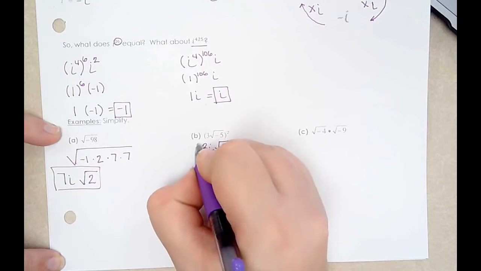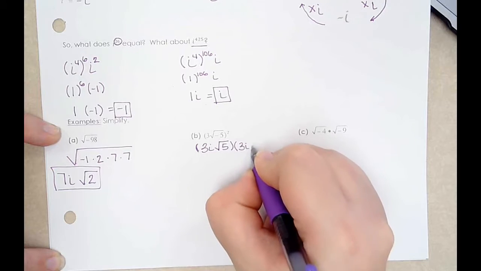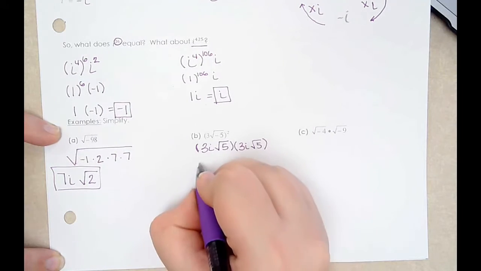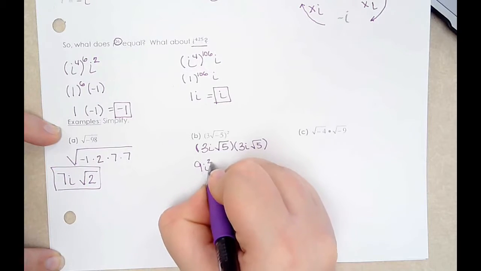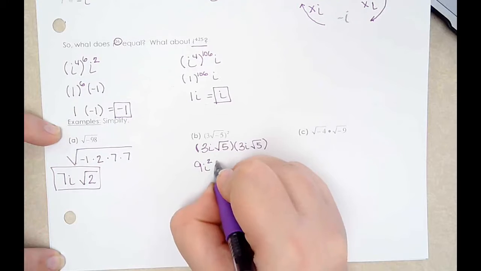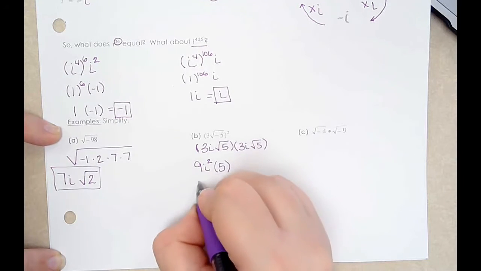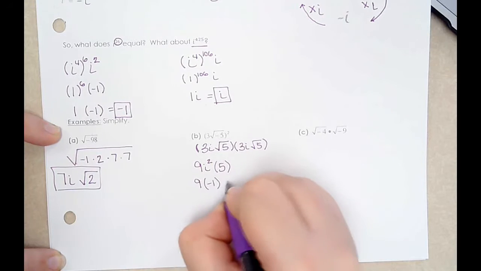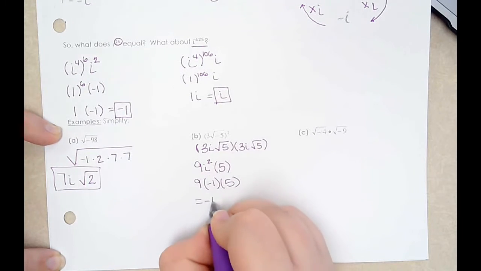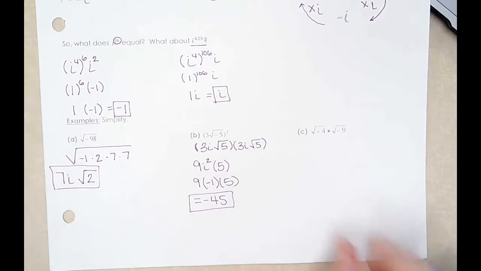For this one, I'm going to do it where I take it out first, because then when I square it, we're going to get 3i times 3i, or 9i squared, and then square root of 5 times square root of 5 is 5. Now I know what each of these are because I know that i squared is the same thing as -1. Well, what is 9 times -1 times 5? It's -45, and so that is my final answer.